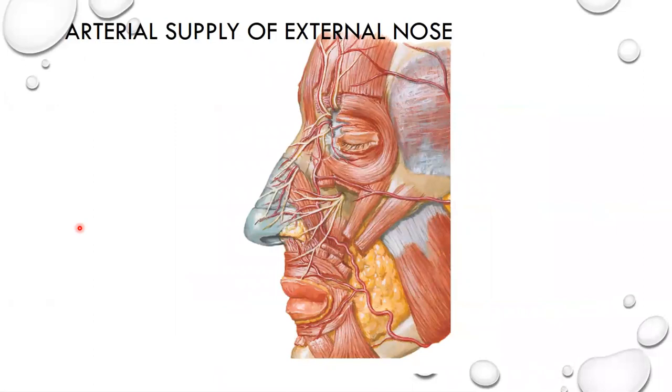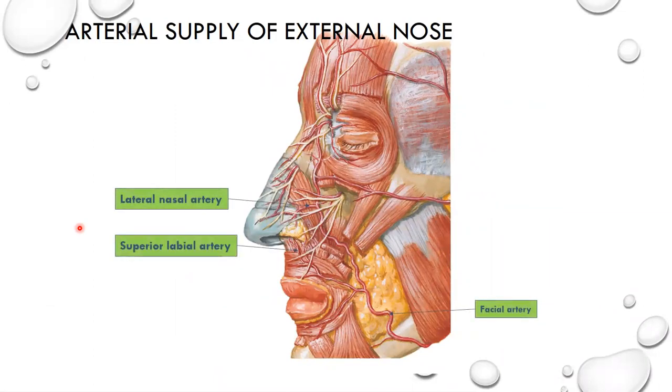All right, this is the picture showing the facial artery. The facial artery gives off two branches that supply the external nose, particularly the alar and the lower septal area, which are supplied by the lateral nasal and the superior labial artery, the two branches of the facial artery.